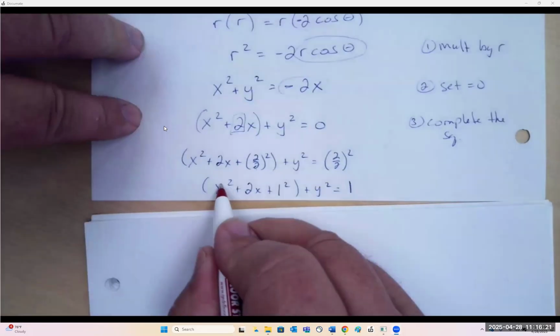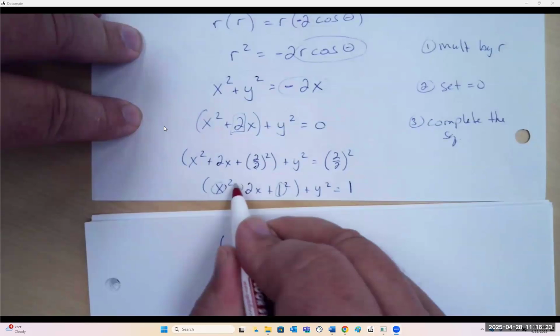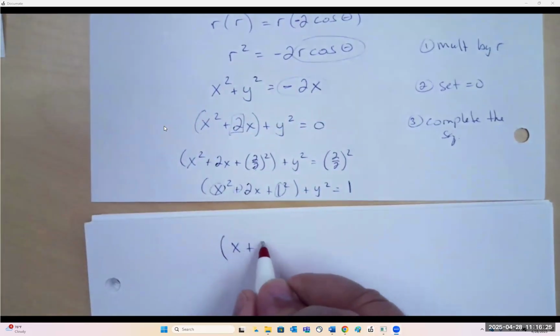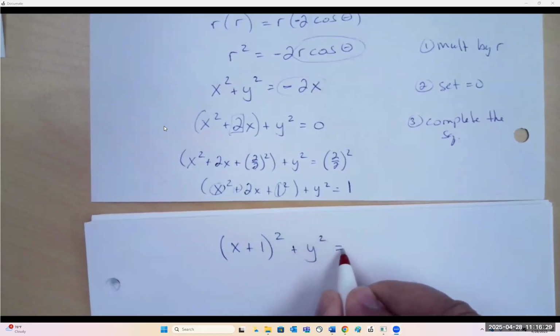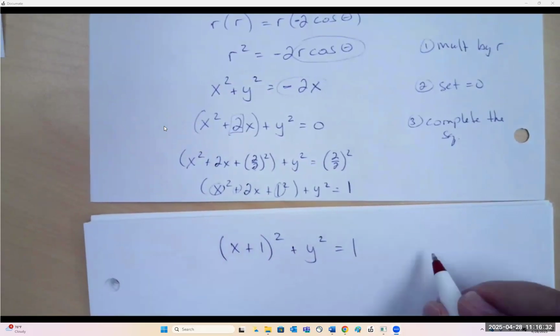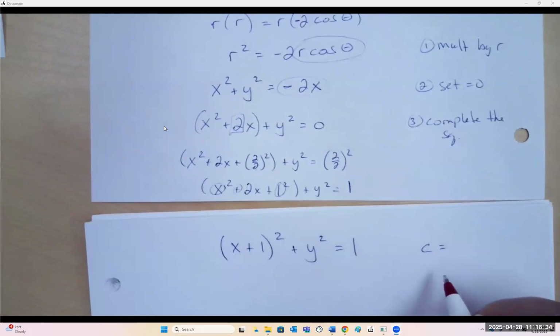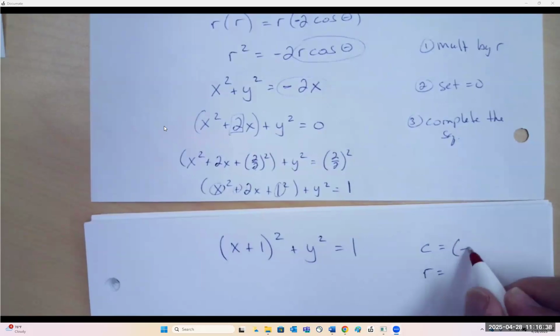I take whatever's under the squares and the first sign. So it's x plus 1 squared plus y squared equals 1. It's an equation of a circle. The center is at -1, 0, and the radius is 1.